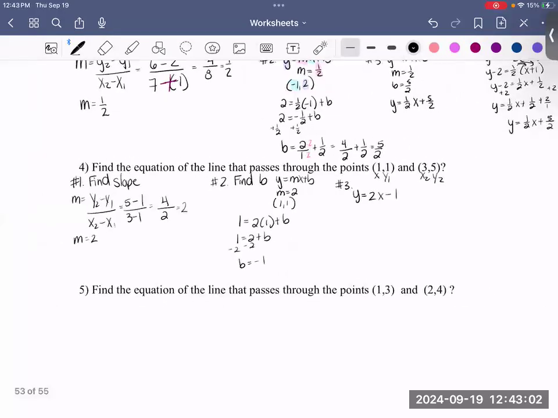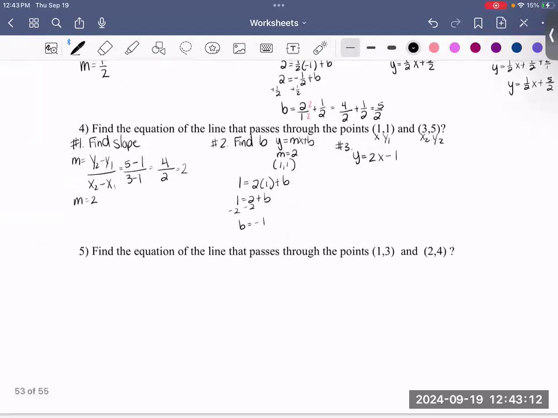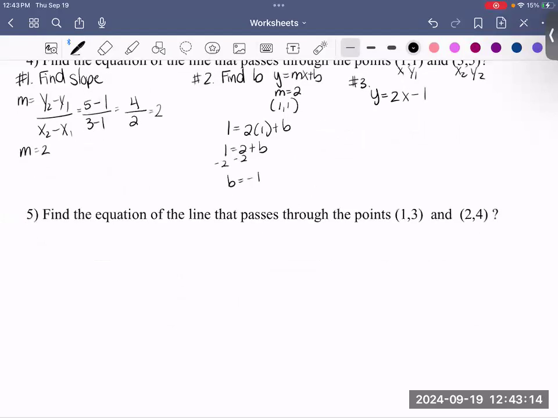Hopefully I did not go too fast. Let's see, just double checking my work. 5 minus 1, 3 minus 1. So that's 4 over 2. So that's 2. All right, let's keep going for the last one. x1, y1, x2, y2.